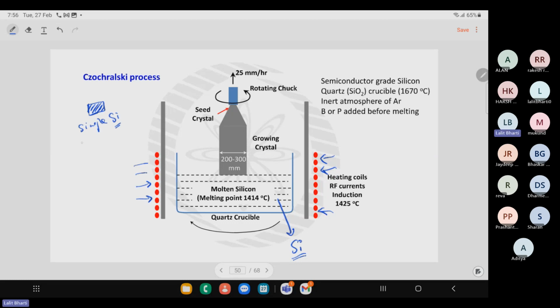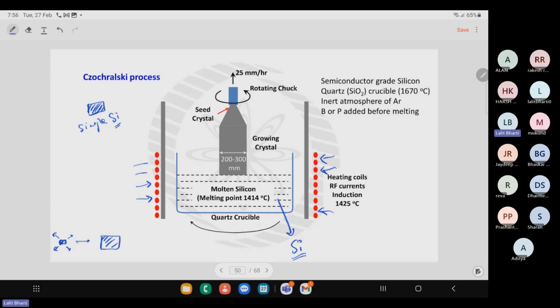Why is it used? If you see how sugar is crystallized, to make sugar from sugar syrup you need to put some crystals on which your crystal will grow. So you have a crystal seed and you put it in the liquid, and your crystal will grow in that direction to make a larger crystal.